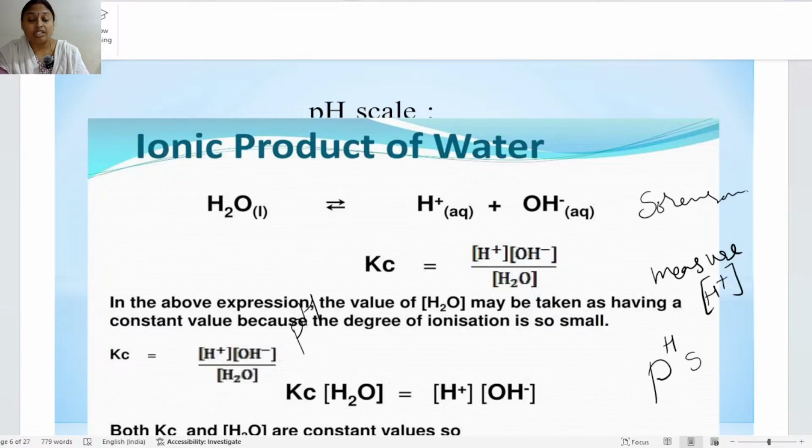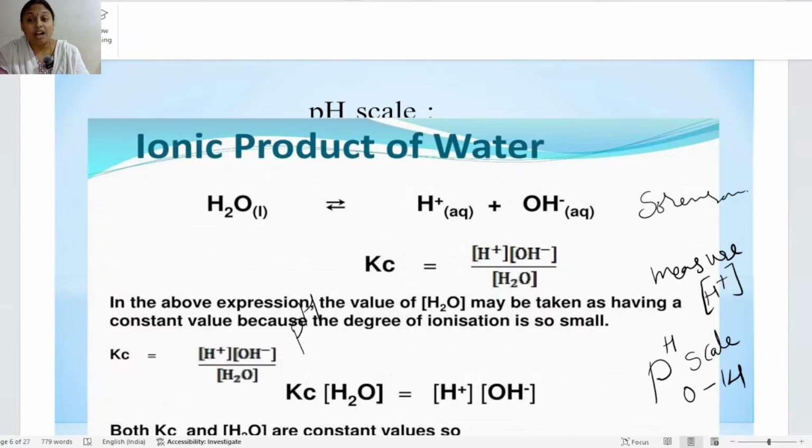The concentration of H plus ions is measured by using the scale which has the units of 0 to 14. That's why it is called the pH scale. By using this pH scale, we measure whether the given substance is acid, base or salt. So we usually get those 0 to 14 units.